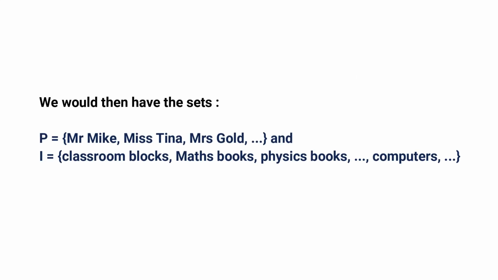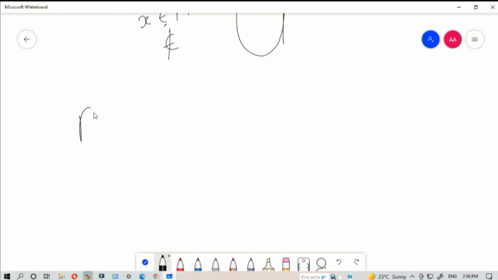Then we will have two sets. Say set P, denoting people, to include Taiwo, Tokwe, Ayo, and so many other people.